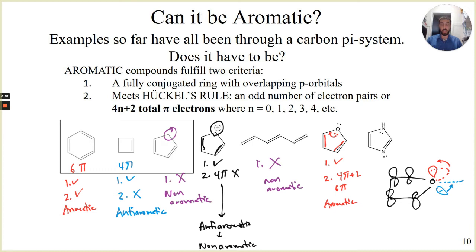So we could do kind of a, I don't know if it's a corollary, that's horribly spelled. An sp3 with lone pair counts. Okay, with, I guess we should add, 1 lone pair can count to your pi system.